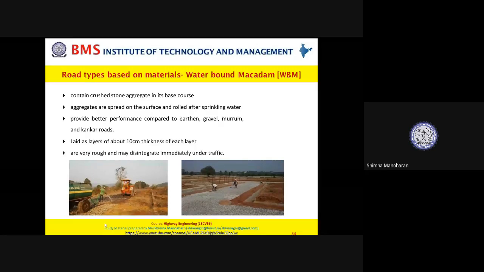So why and how, what test is done to understand the effect of traffic? That we will see in the concrete and highway lab. What test is to be done to understand the performance of aggregate under traffic? Is that clear? Here traffic will be allowed directly over this aggregate and it can disintegrate. That again depends on the quality of the aggregate and the vehicle load or the vehicle volume.